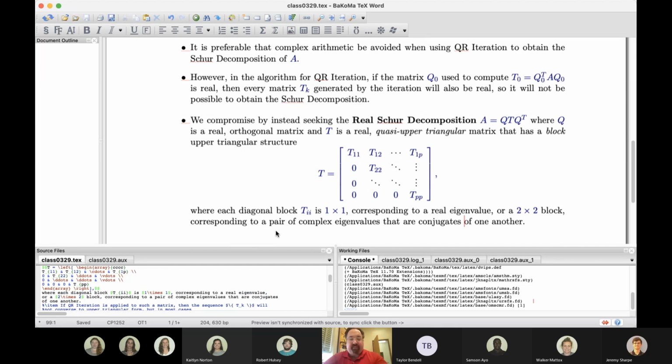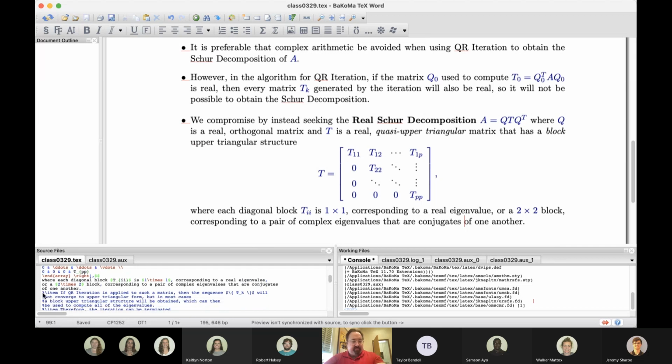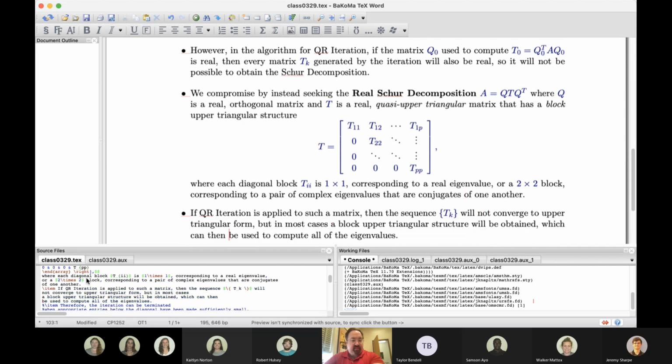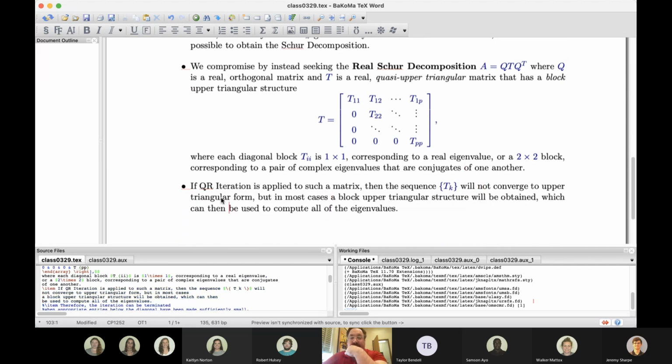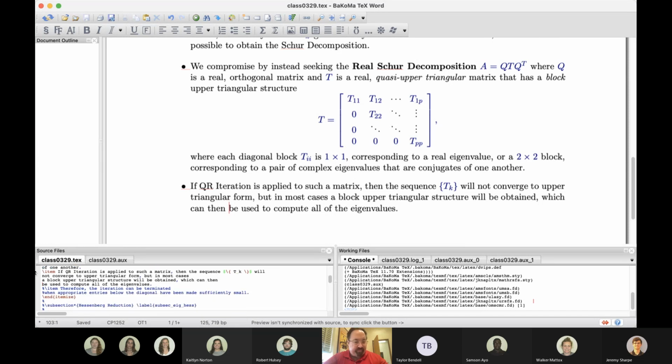So that's what we're going to aim for, and this is something that is at least attainable. Once we get to this form, then for each of those 2 by 2 diagonal blocks, we can easily get the eigenvalues to get the 2 complex eigenvalues in the complex conjugate pair. So that won't be a problem.